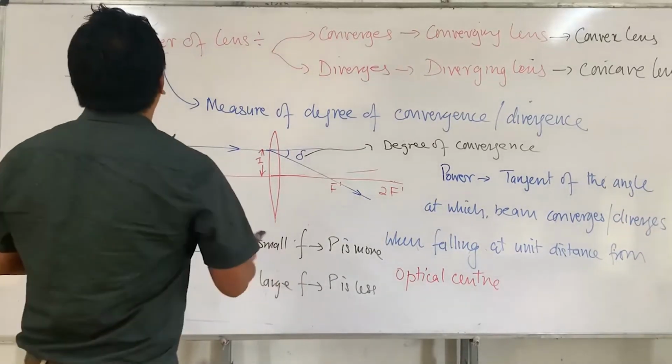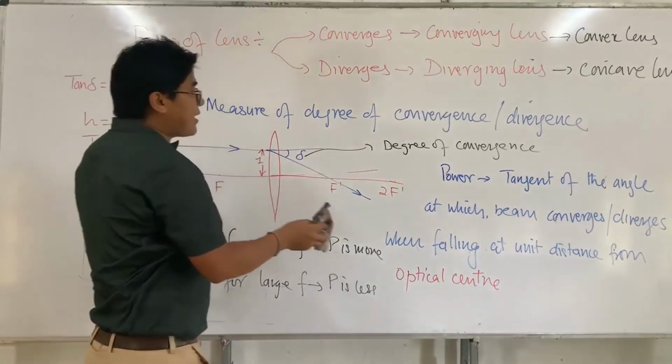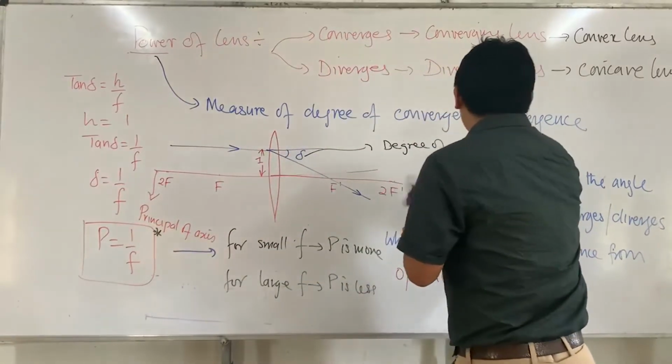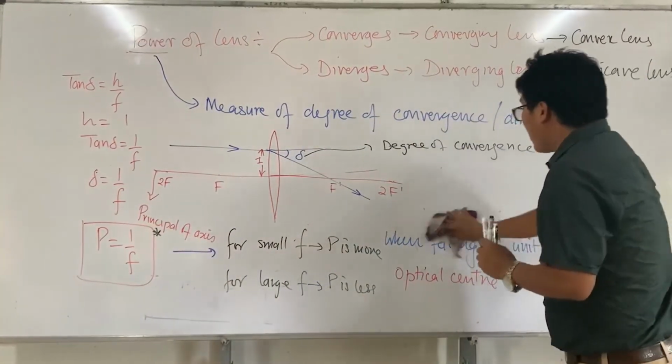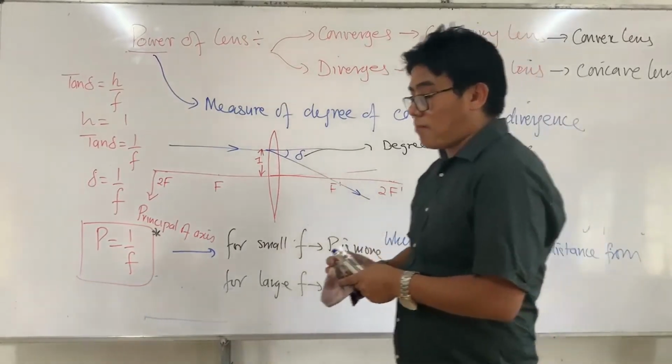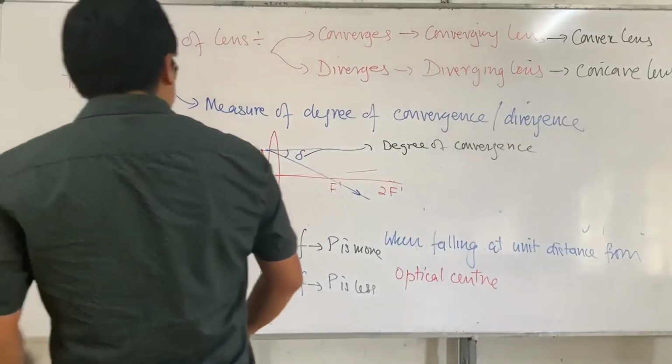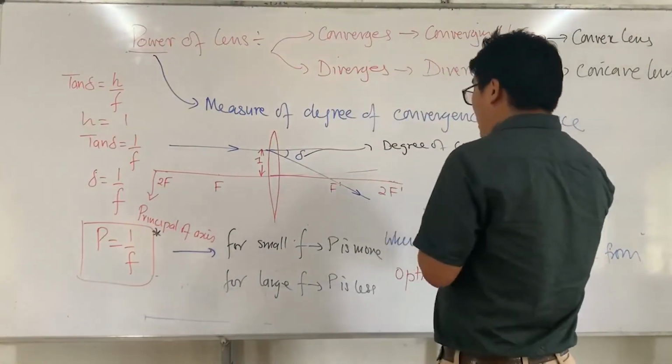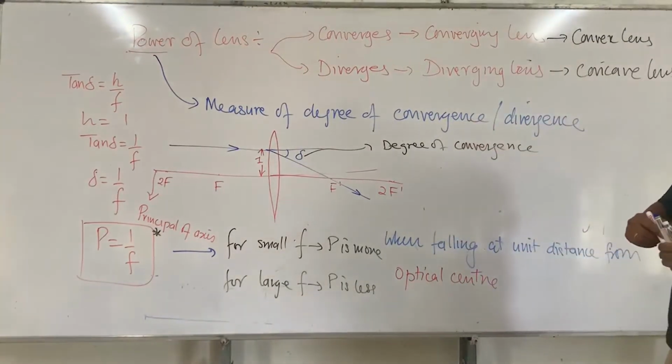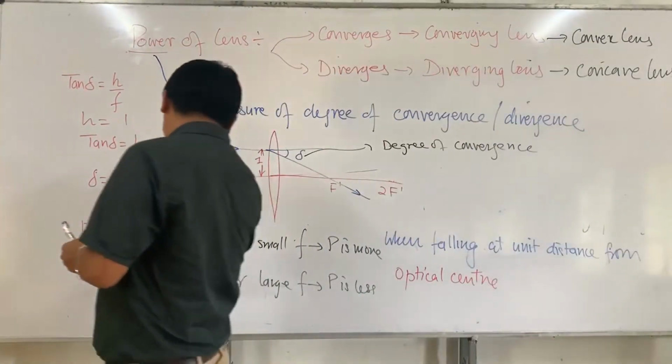Now how do you identify whether it is converging or diverging? Whenever it is diverging, power is going to be negative, and whenever it is converging, power is going to be positive. Why? Because this is all defined by f.